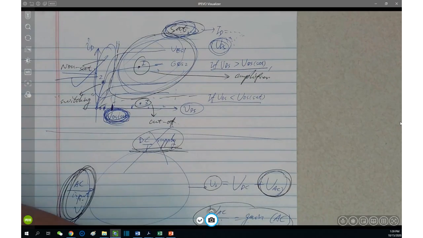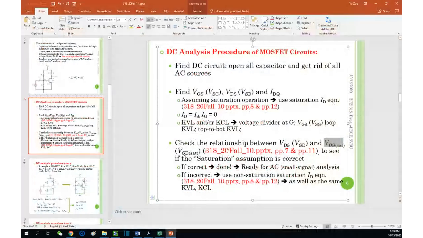You have a formula. Where is the formula? In the previous lecture slides again, pages 7 and 11. Why two pages? One for N channel, the other for P channel, right? You have an equation to calculate the saturation voltage.